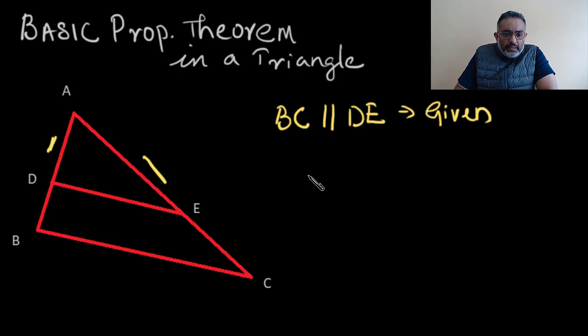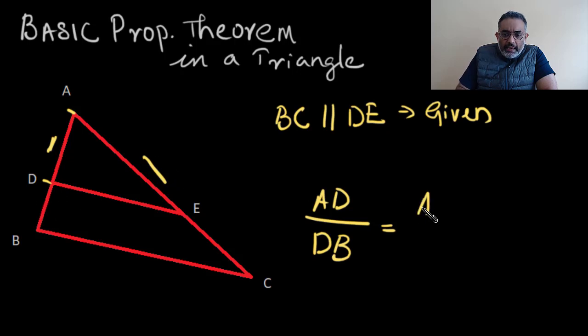The way to do that is the side AD, from here to here, so that is AD divided by DB is equal to, so this is the proportion, similarly AE by EC.